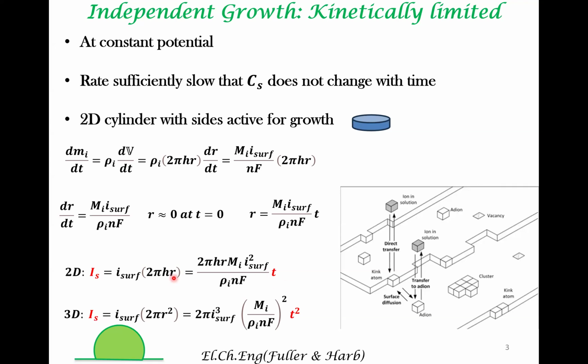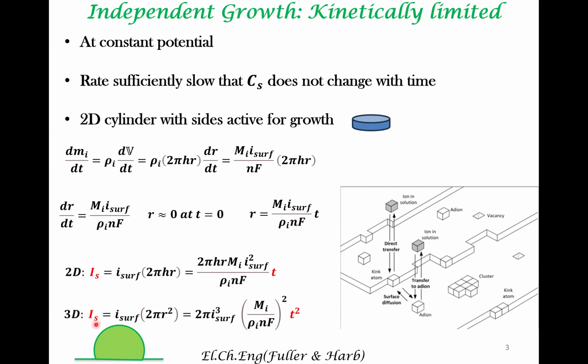When you plot total current with respect to time, depending upon the way IS scales with t, if IS scales linearly with t, then we get a clue that the underlying mechanism is two-dimensional in nature.